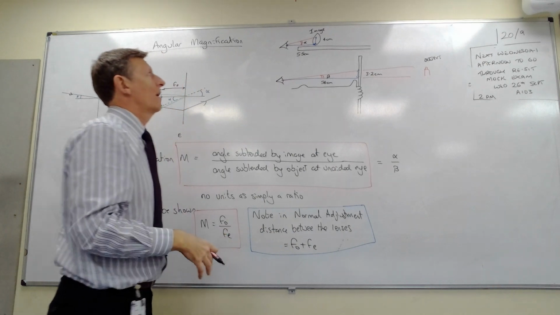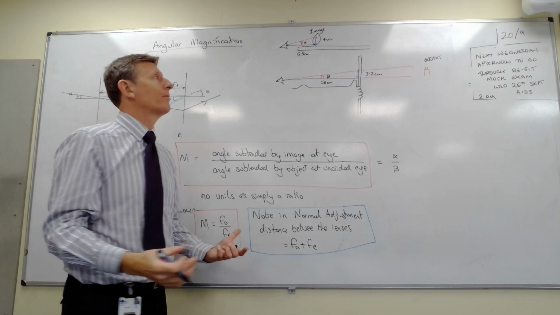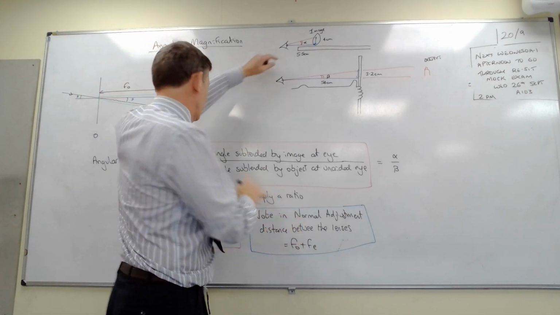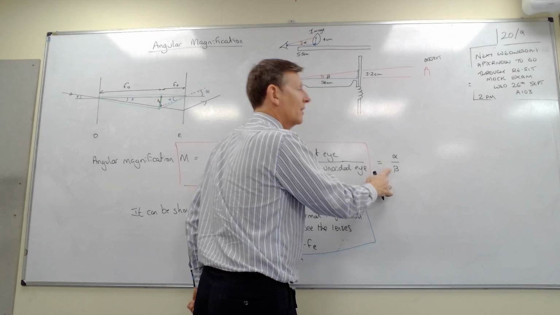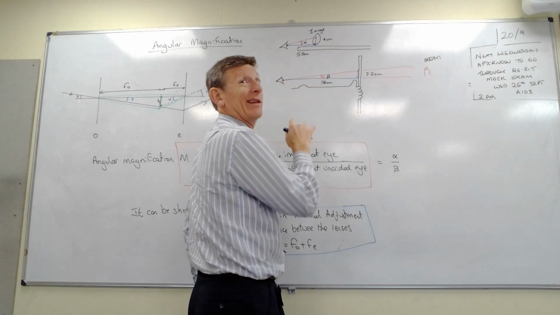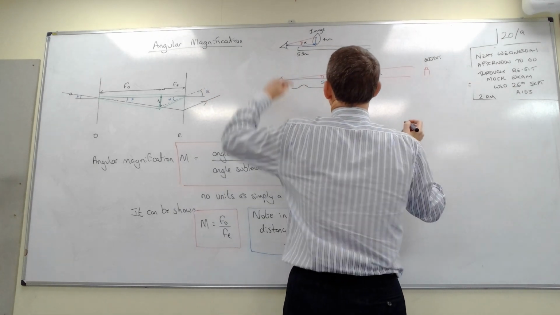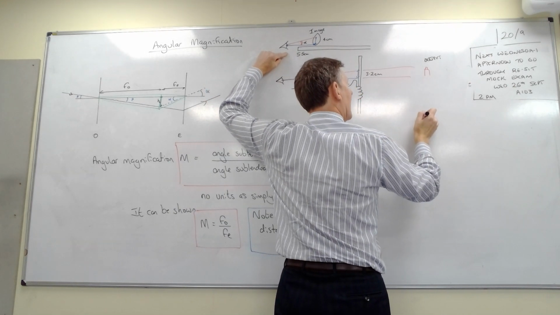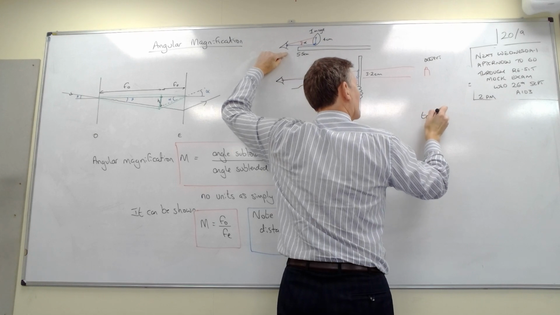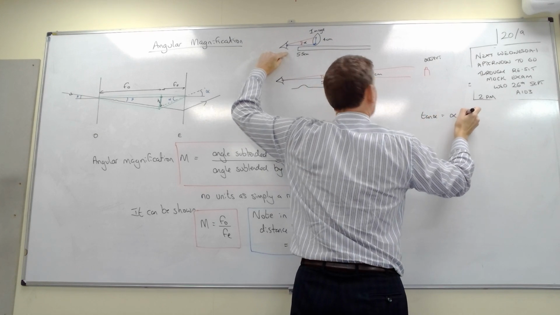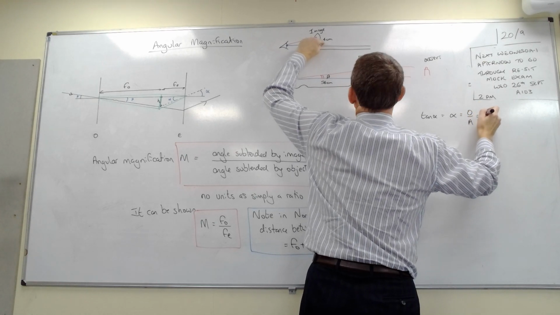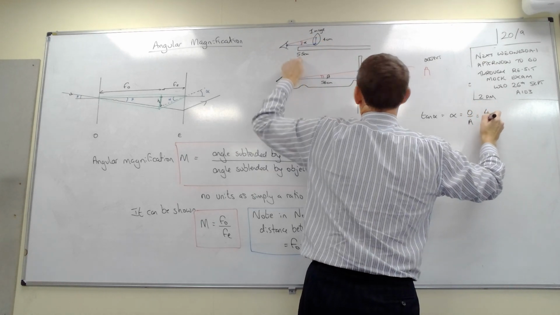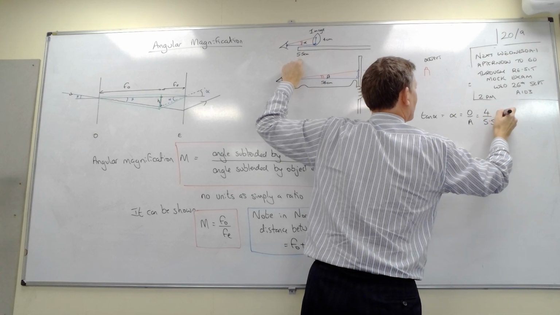Okay. So this is how you can work it out. The magnification is the angle of that over that. So I need to find those two angles. Because these are small, even this is a small angle, what I'm going to do is say that tan alpha just equals alpha, and that's opposite over adjacent, which is going to be 4 over 5.5.